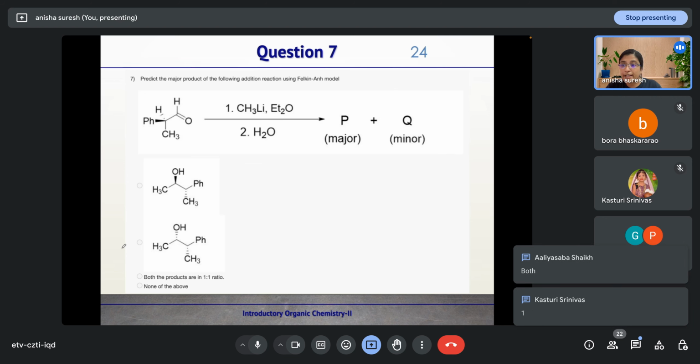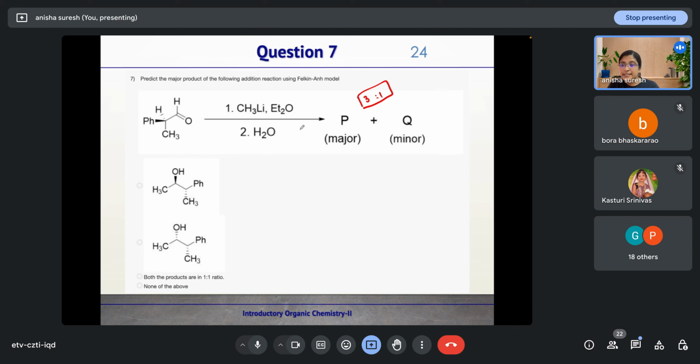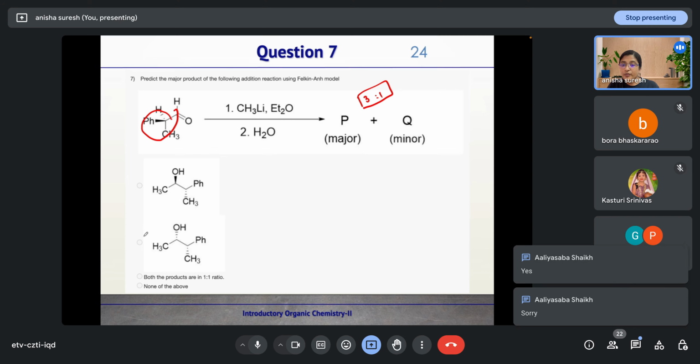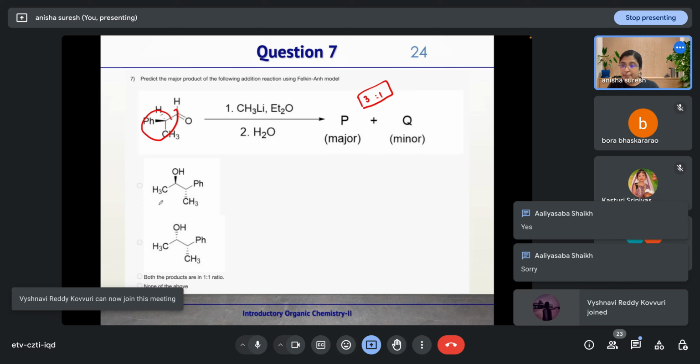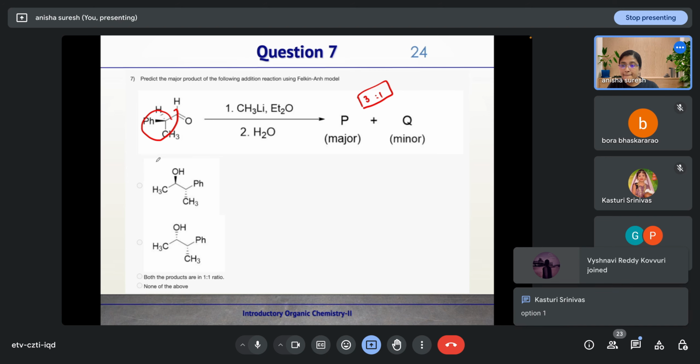In the Felkin-Anh model, we have seen the ratio will be different, 3 is to 1 ratio, because of the presence of this adjacent chiral center. So one of these will be the major product. What is that? Option 1. Okay, we can see.